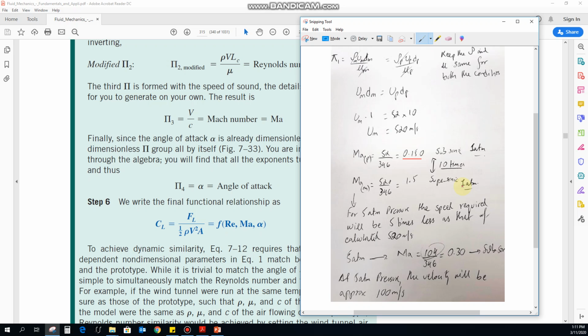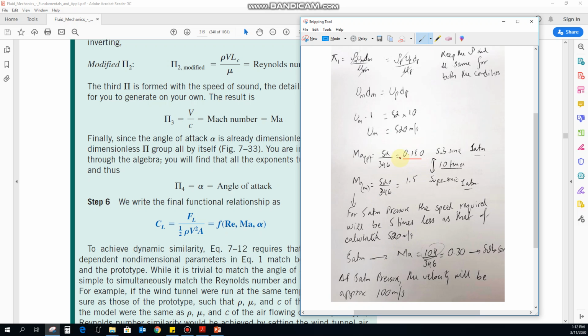So what we see here is that if we run the model with so high a velocity, the Mach number can become so high that it will exceed the physical limits of the system. So what we can do here, if we increase the pressure of the wind tunnel, we can reduce the speed of the model proportionally. For 5 atmospheric pressure, the speed required will be 5 times less than the calculated 520 meter per second.